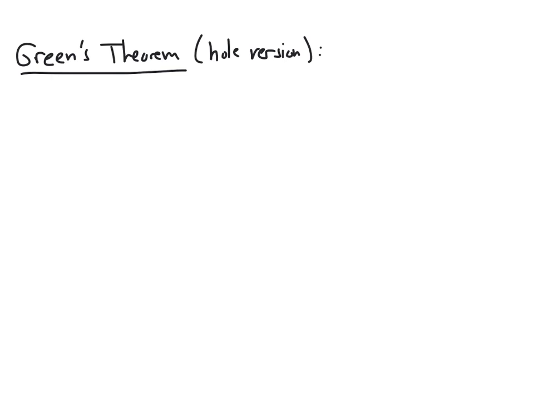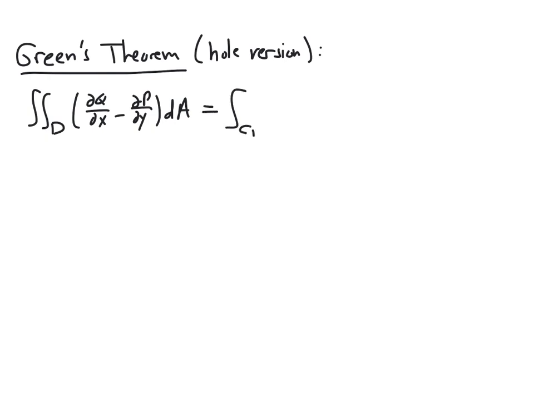And I won't go through and look at all the hypotheses here, but it's exactly the same as in the original version of Green's theorem, just now that we're allowed to have a hole in our region. But it simply says that the double integral over our region D of del Q del X minus del P del Y dA is equal to the integral over C1, the outside curve, P dx plus Q dy, plus the integral over C2 of P dx plus Q dy.